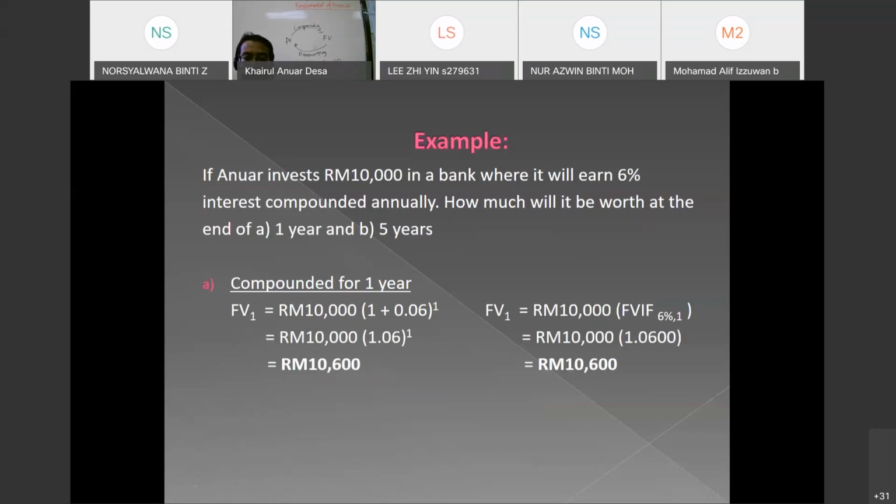If Anwar invests 10,000 in a bank where it will earn 6% interest compounded annually, how much will the amount be worth at the end of year 1 and the second one is year 5? So anyone? Just plug in the figure in the formula. Okay. Masukkan figure tersebut ke dalam formula yang disediakan. So anyone?